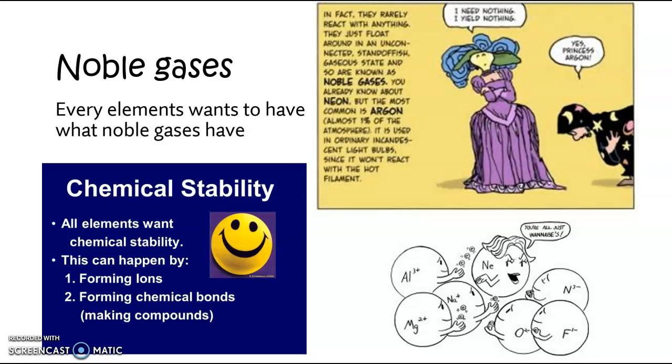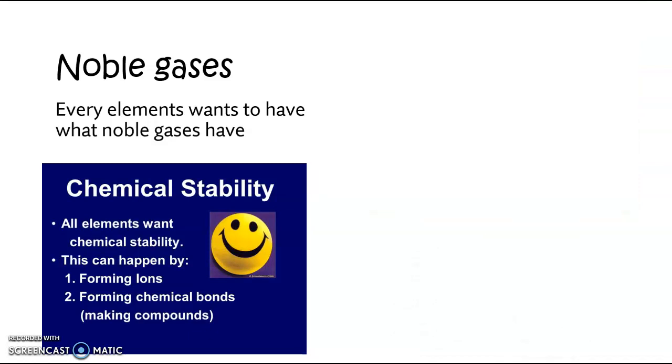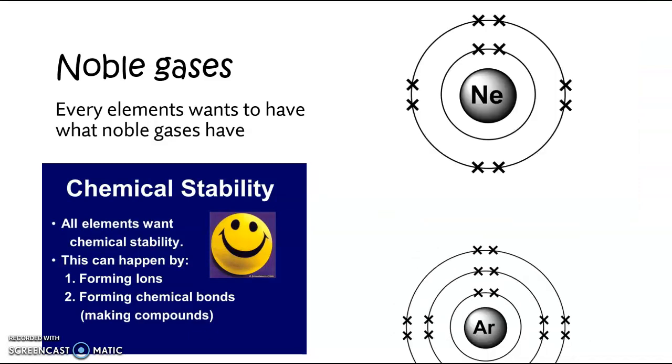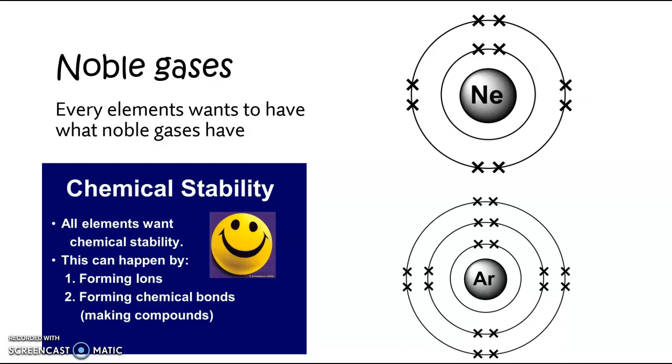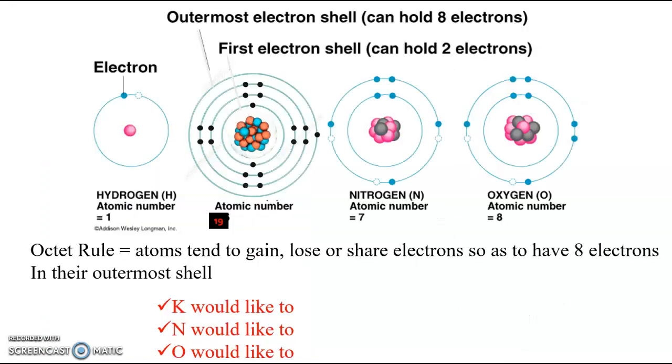But for other elements, in order for them to achieve this chemical stability, they must form ions, or they must enter into chemical bonds by forming compounds. So let's look at forming compounds. This is an example of how the noble gases would look, with an outermost shell that has 8 electrons, and we have only one exception for this.